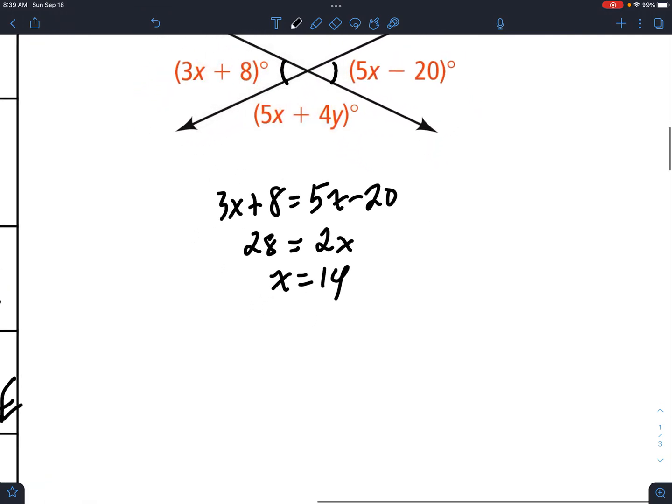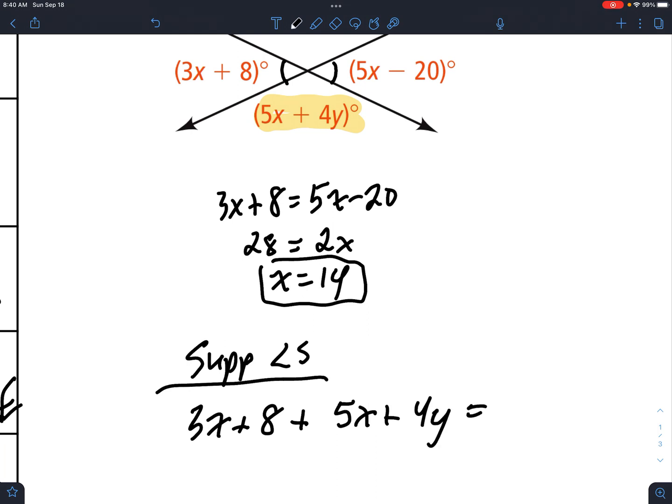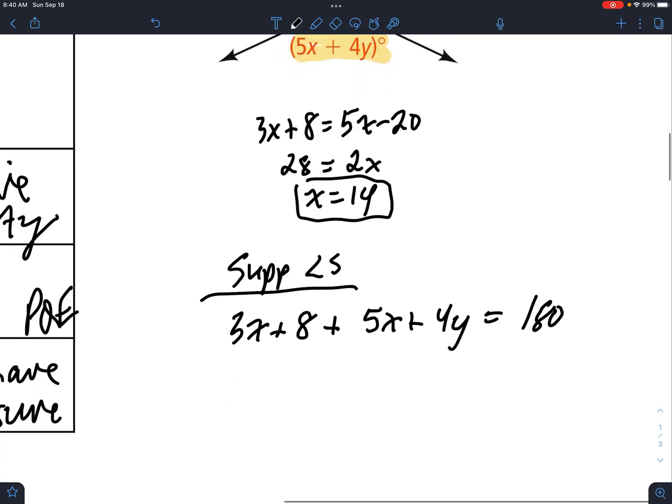So if that's 14, we still need to find y, which belongs to this term. But I know that by supplementary angles, 3x plus 8 plus 5x plus 4y is 180. Right?